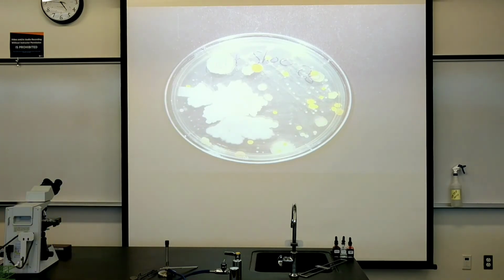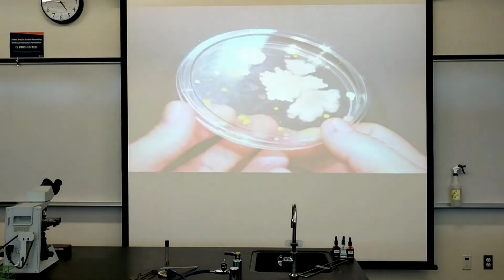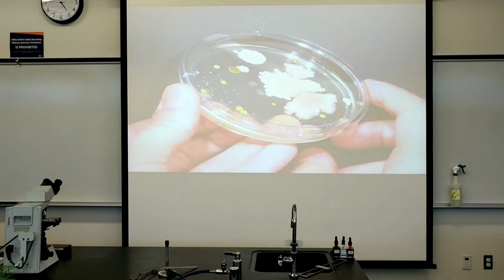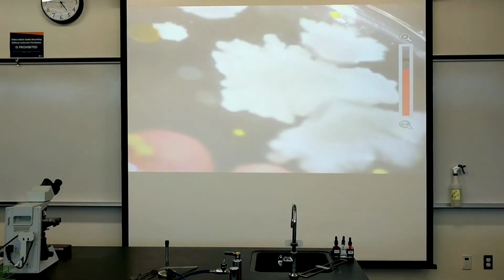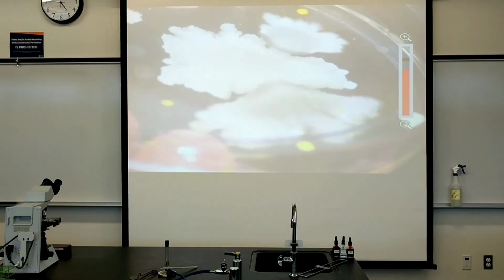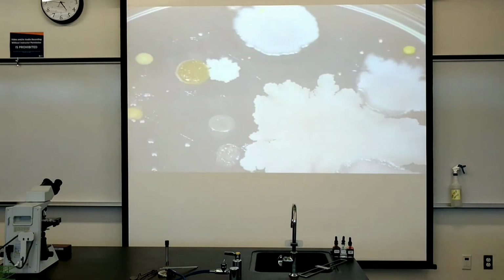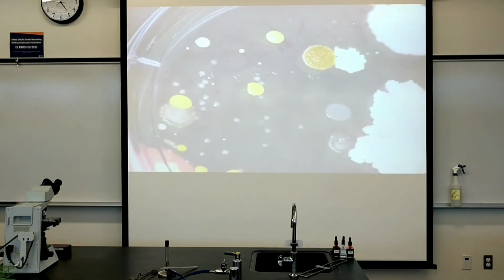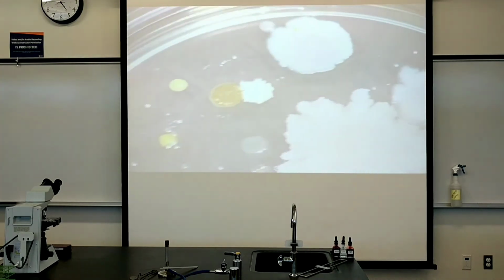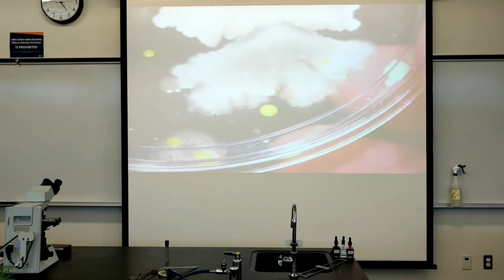But what we can do in this case is flip the plate over and see if maybe something on this plate looks fuzzy. So I'm trying to zoom in as far as I can, see if any of these colonies actually appear to have a fuzzy appearance. It's a little tough to tell on camera, but not really.